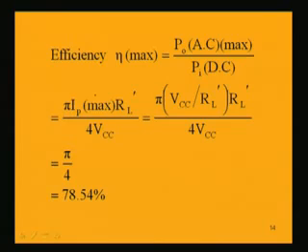Now if we substitute the maximum value of the peak current that is given by VCC by RL dash, what we get is VCC and VCC cancel, RL dash and RL dash also cancel, so we get pi by 4. So pi by 4 means in percentage value 78.54% is the maximum efficiency that we can get for this type of push-pull amplifier.